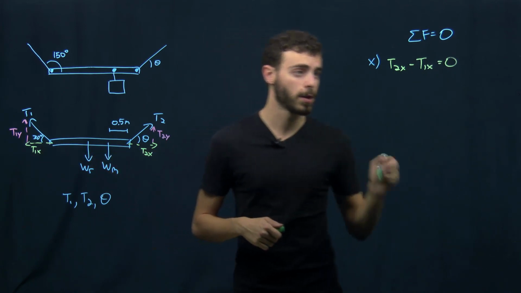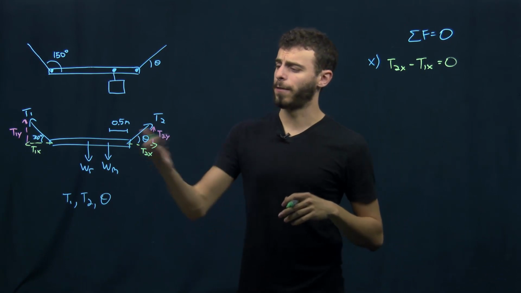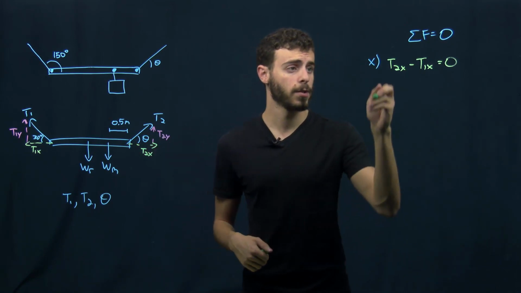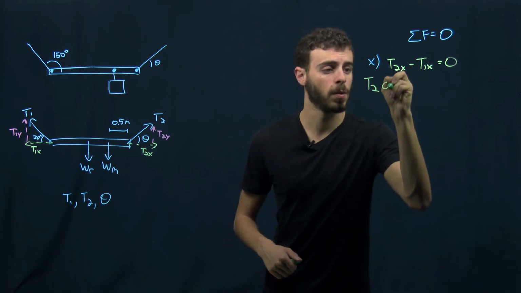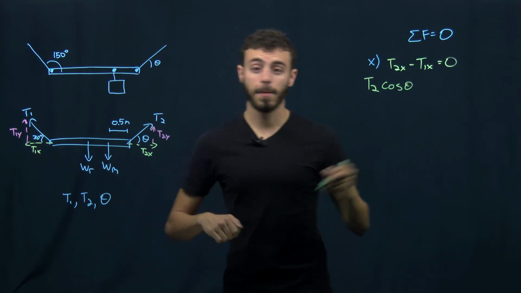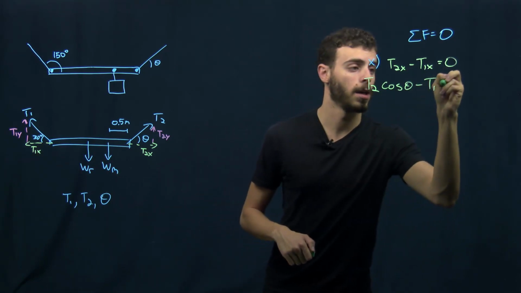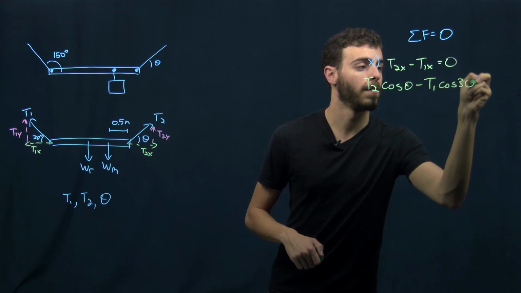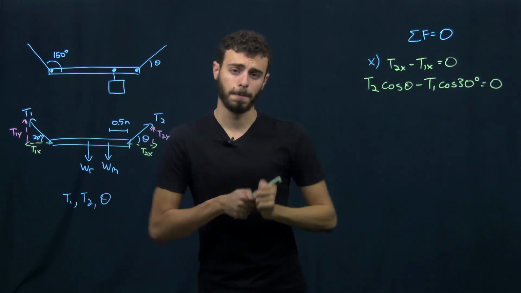Those are the only 2 forces in the x direction. And so now again, from some trig, we should be able to solve for these. So this T2x should just be equal to T2 cosine of theta. And similarly over here by trig, this T1x should be equal to T1 times cosine of 30 degrees, and this all should be equal to 0.